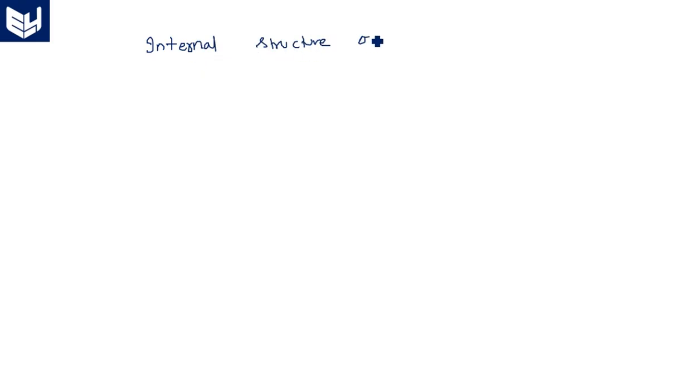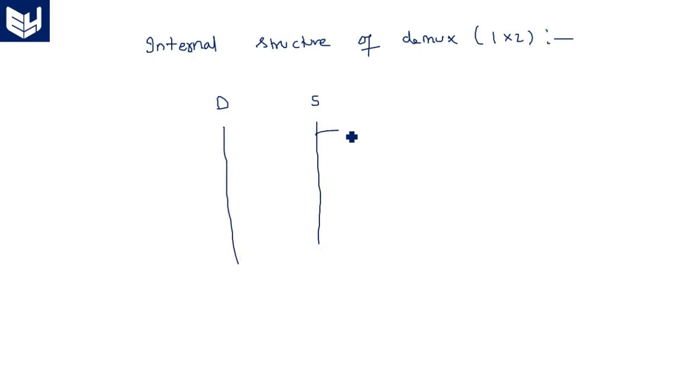Internal structure of Dmux of size 1 by 2. So data D and selection line S, data is common, and S bar. Two AND gates are there for two outputs, y0 and y1.